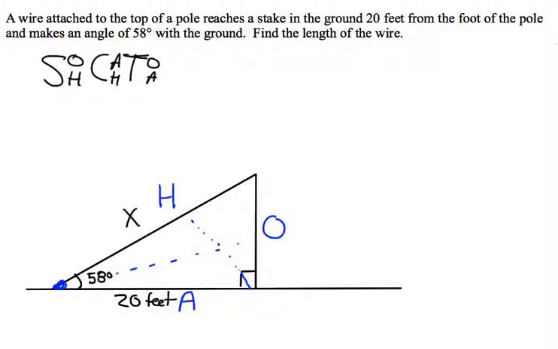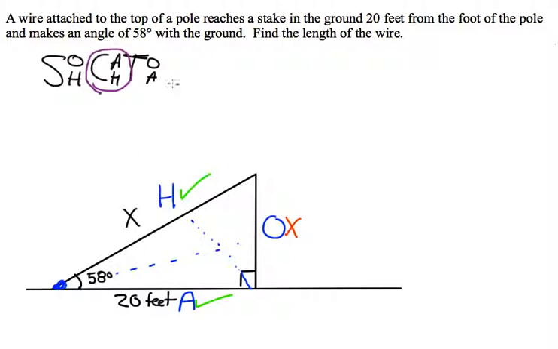And what am I looking for? Well, I want to find hypotenuse because that's what I'm trying to find, x. I have my adjacent, but I don't have any information about, nor do I care about my opposite. So when I look, what am I going to be using here? I have A and H, so I'm going to be using cosine. Right?